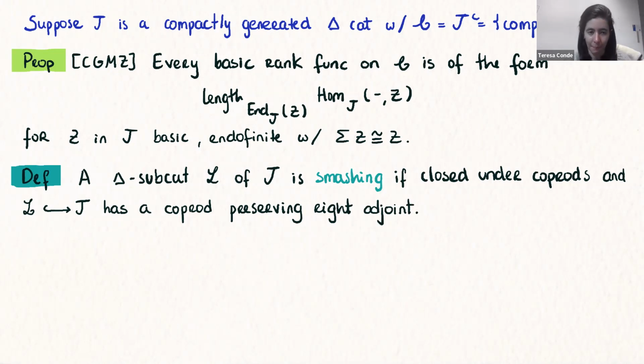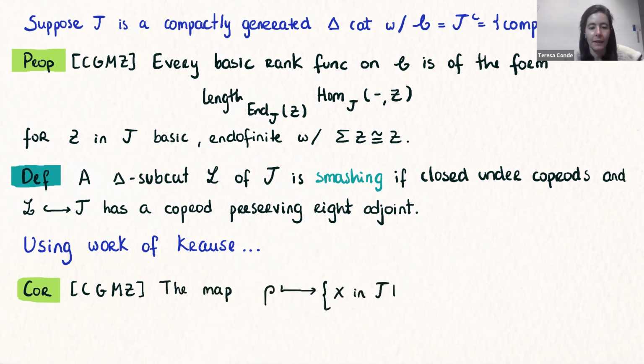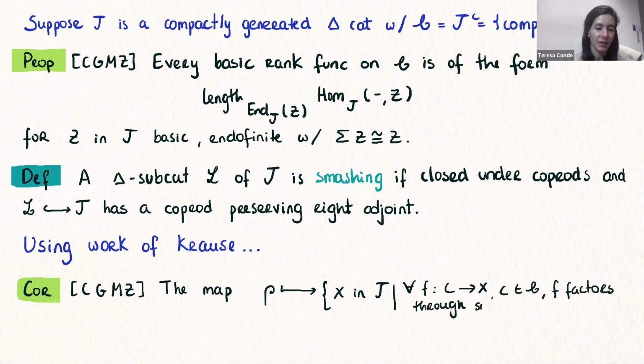And before we have established a connection between rank functions and these quotients investigated by Krause. And in the work of Krause, he actually establishes a connection between these quotients and smashing localization. So using work of Krause, we obtain as a corollary in the compactly generated case that there is a bijection between exact rank functions and certain smashing subcategories.